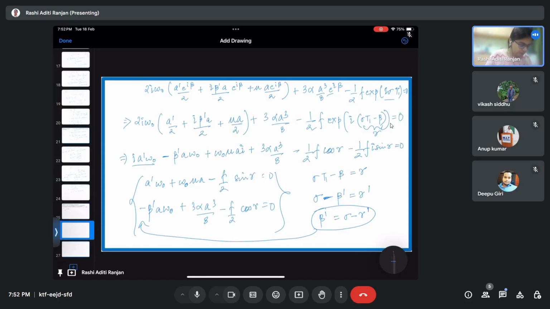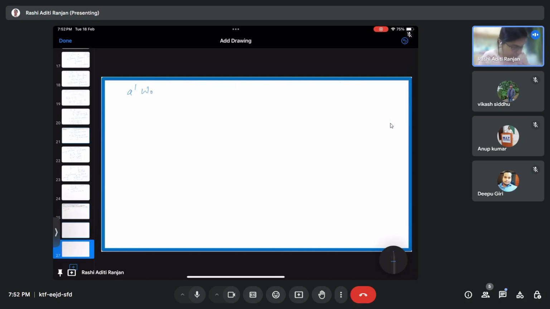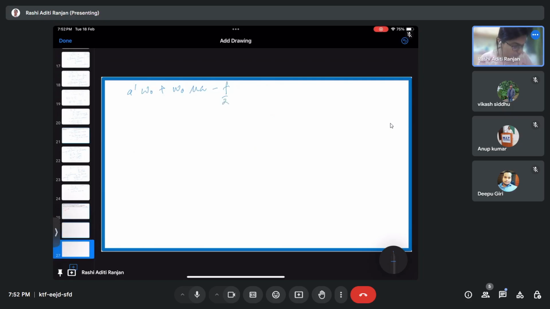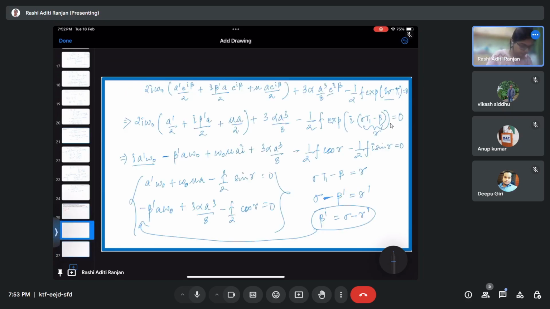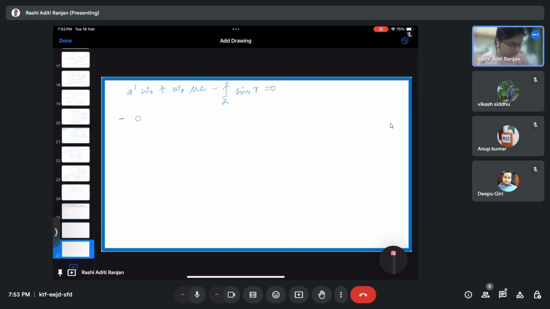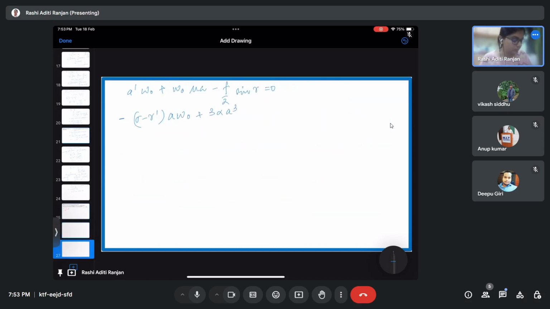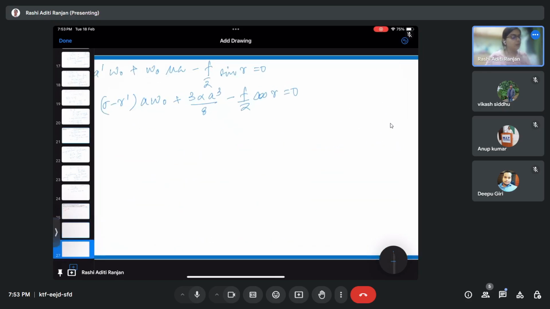A dash omega naught, A dash omega naught plus omega mu A. Beta dash we have to replace with sigma minus gamma dash. So this is the final equation that I have.